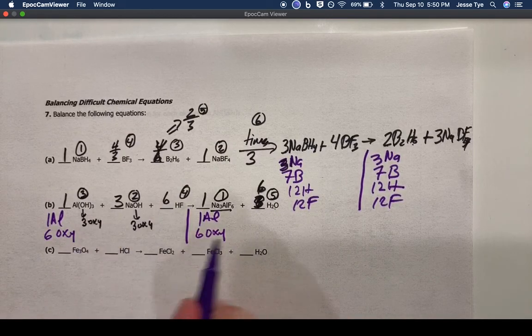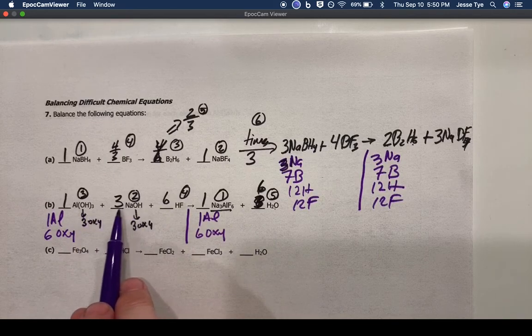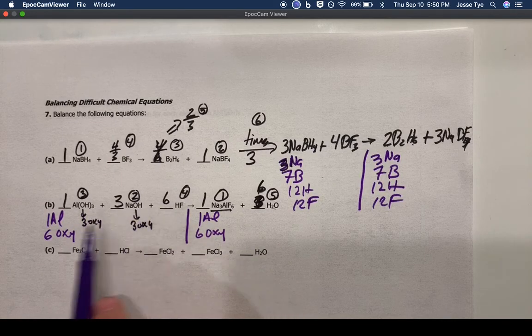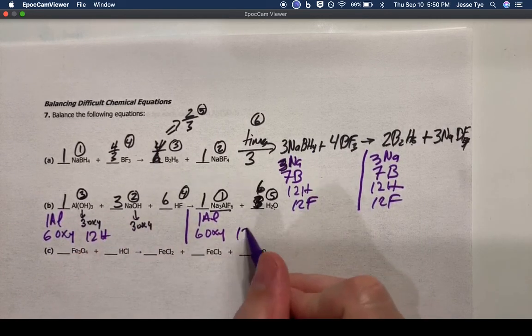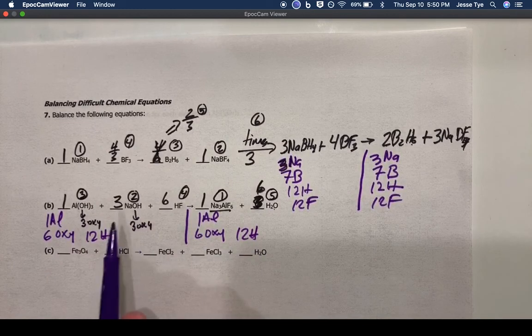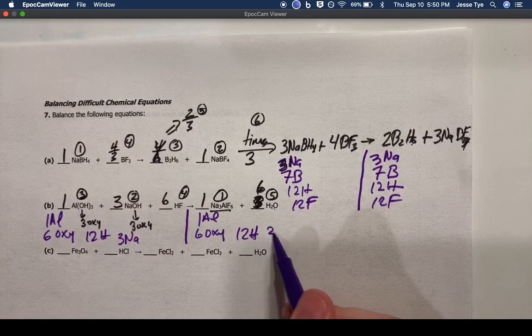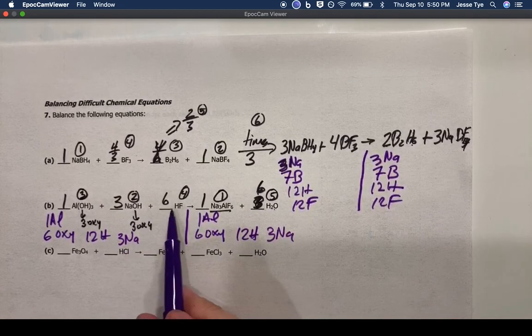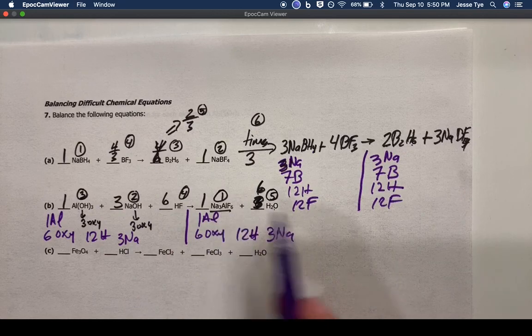I'll put an O there so it doesn't look like a 0. I've got 3 and 3 and 6, so I have 12 hydrogens, and 12 hydrogens. I have 3 sodiums, and I have 3 sodiums. And I have 6 fluorines, and I've got 6 fluorines.